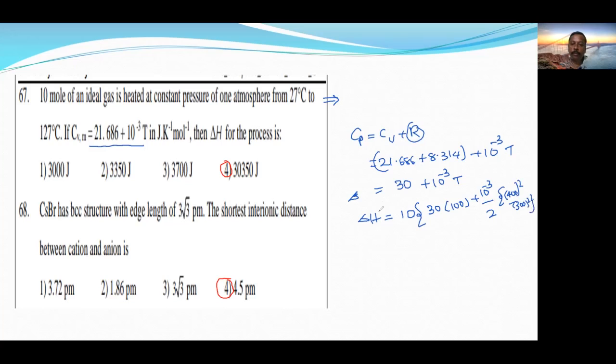On simplifying, you will get the complete delta H value. I got 30350.